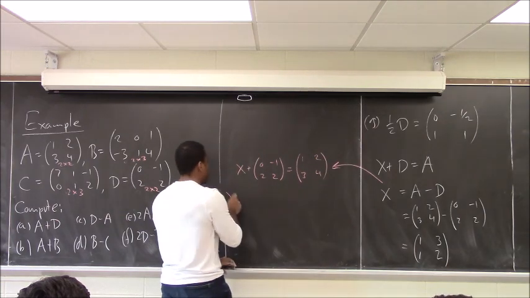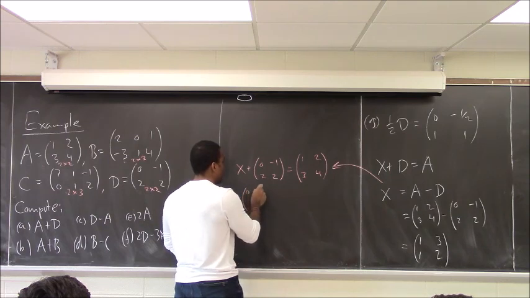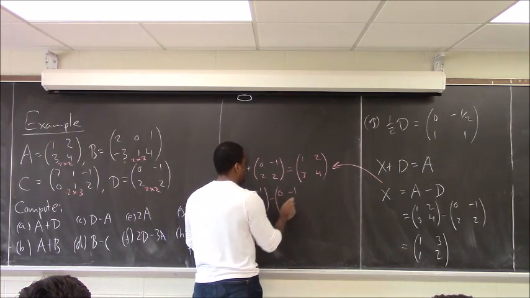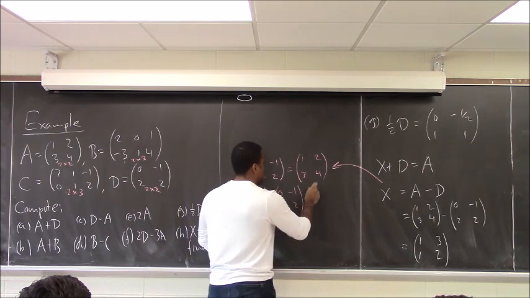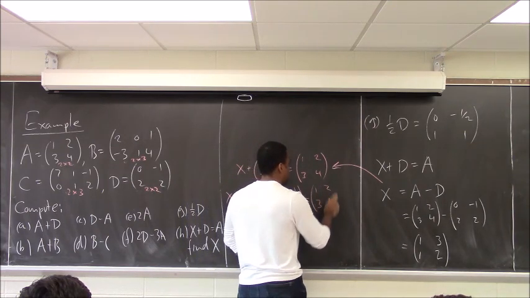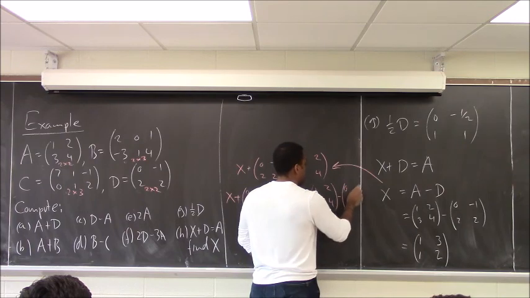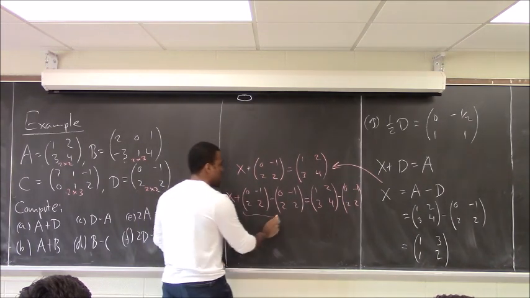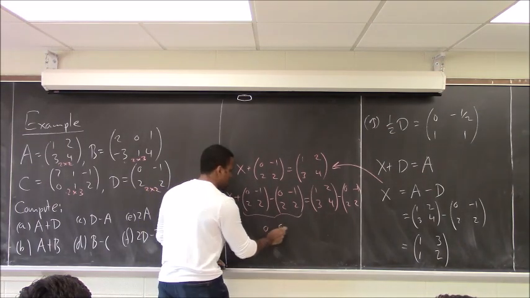And what you decided to do was subtract D from both sides. This makes sense, because if you follow the rules of addition, you get 0, 0, 0, 0.